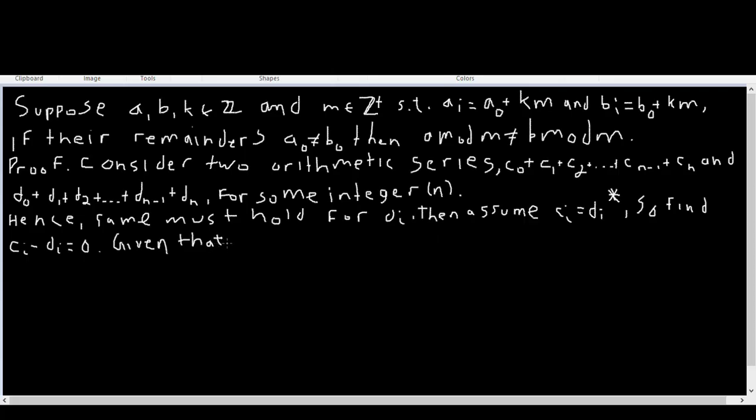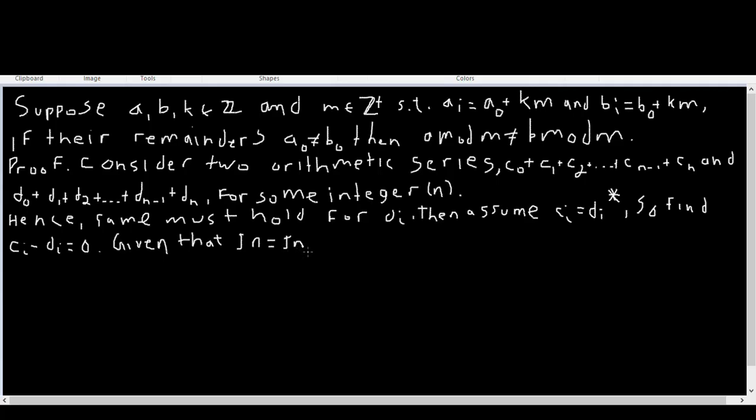All right, so carry on with the proof. Hence, the same must hold for D sub I. Then, let's assume C sub I equals D sub I, asterisk. And we're just labeling that equation with an asterisk.